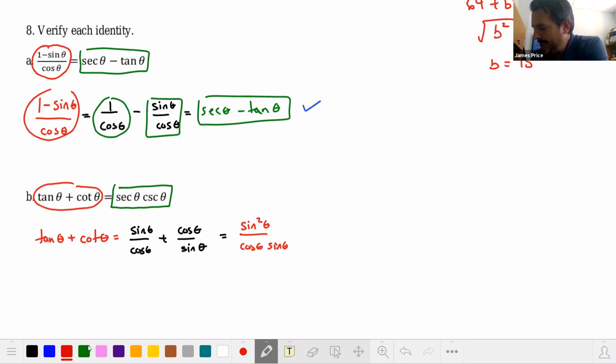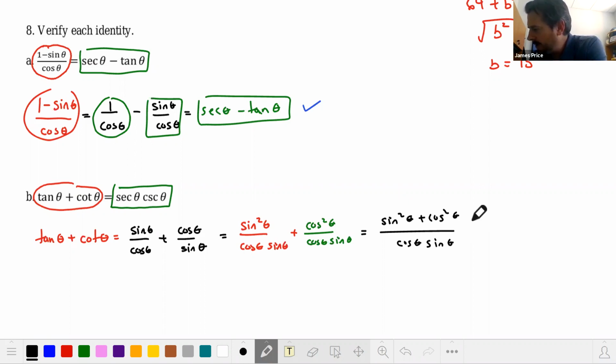And then plus, and this one I'll multiply top and bottom by cosine theta, so I have the cosine squared theta divided by cosine theta sine theta. So I'm just getting a common denominator. But what's nice now is when I bring these together, I get one of my identities on top. So sine squared theta plus cosine squared theta, all divided by cosine theta sine theta.